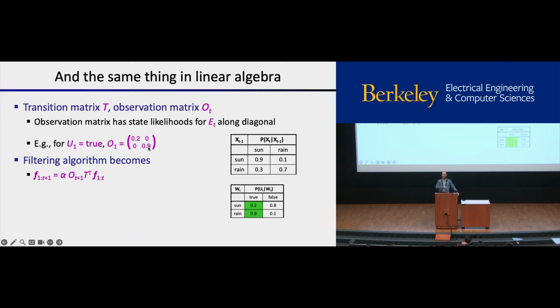Depending on what evidence you get at time t, you'll use a different observation matrix. So that's why this is subscripted t. It's not the same at every time step. It depends on what evidence you actually saw. You look at the evidence you actually saw, you go to that column in the conditional probability table for evidence given the hidden state, and you turn that column into the diagonal of this matrix.